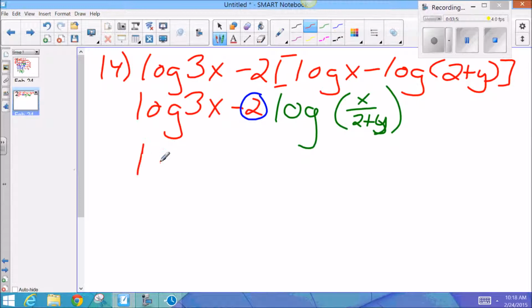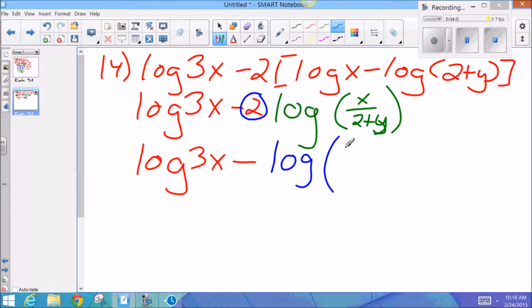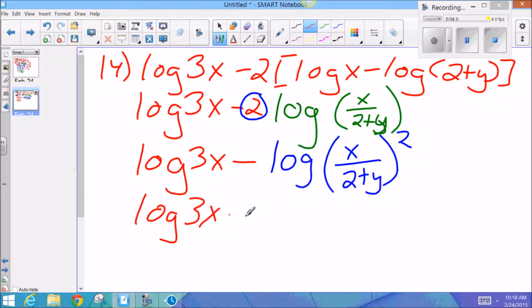So, minus, okay? Now this is going to become the log of x over 2 plus y, squared. Let's simplify that by doing the log of the top and the bottom squared.